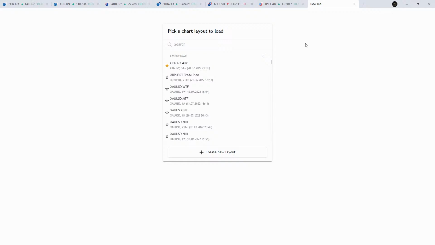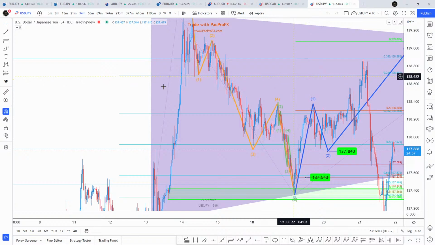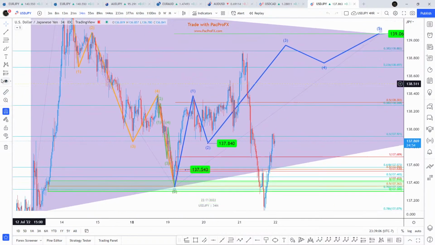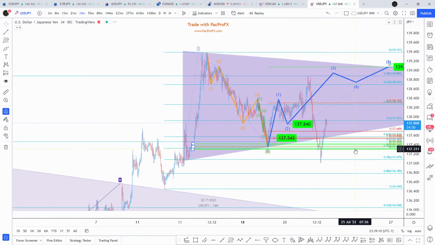And USD JPY. Came right back in the triangle again, didn't it?